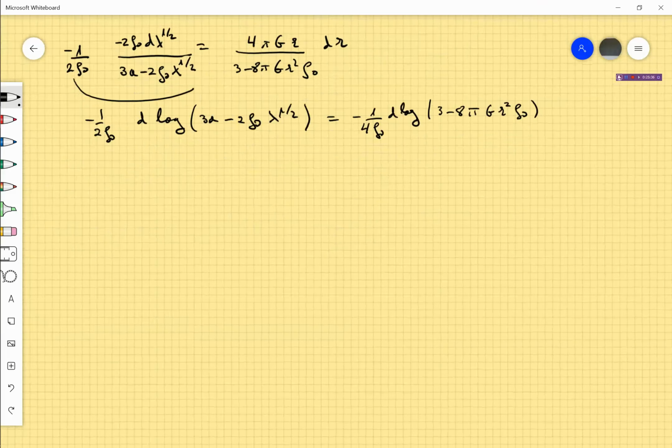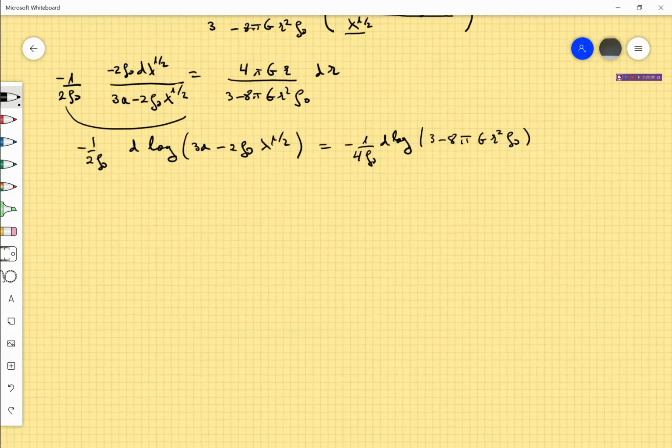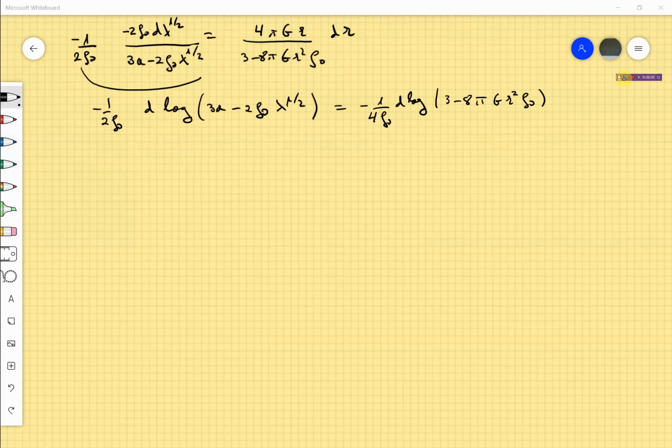Well, I integrate as before, or just integrate both sides, up to a constant of integration. We get that log of 3a minus 2 rho 0 lambda to the 1/2 is equal to log of 3 minus 8 pi g r squared rho 0 to the 1/2.